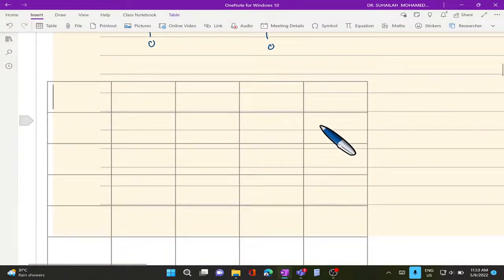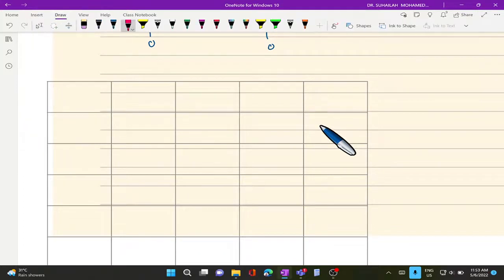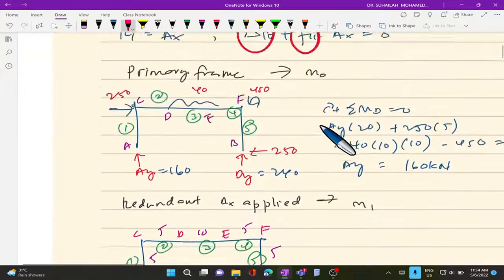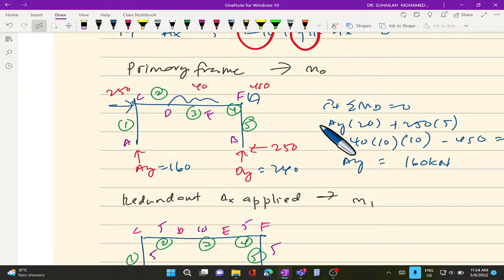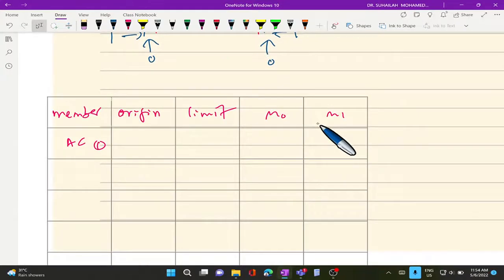Okay, so this is member, origin, limit, M0, M1. For member A, C, this is member number 1. For member number 1, what we get? Okay, the first moment equation, origin A, limit 0 to 5.